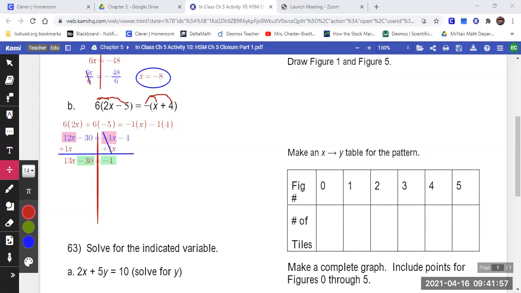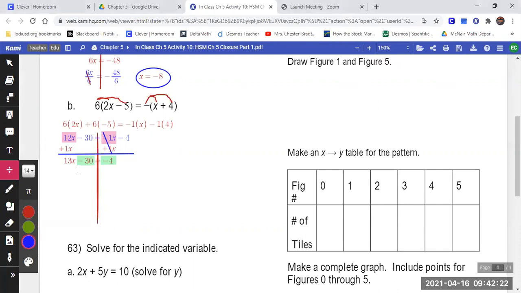Okay, yeah, we got to get rid of the number that's on the same side with the x, because that number that's adding and subtracting is getting in our way. So we need to get rid of the number that's adding and subtracting, but on the same side with the x, which is why we're going to add the 30 to both sides.